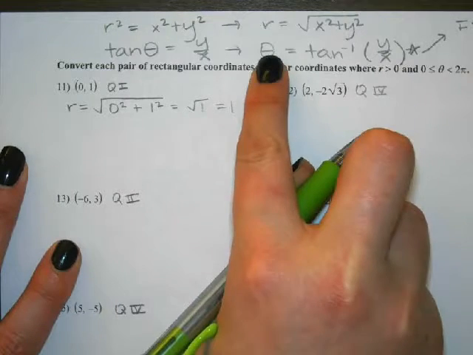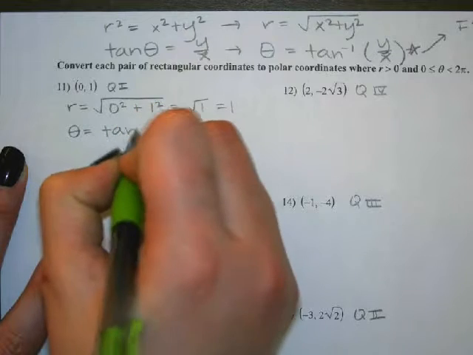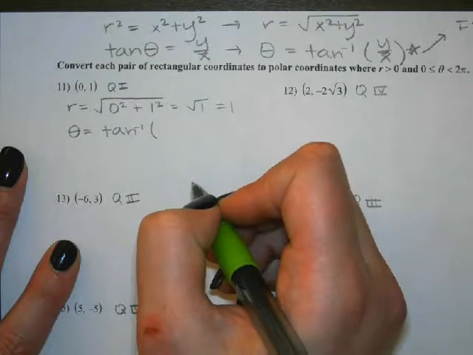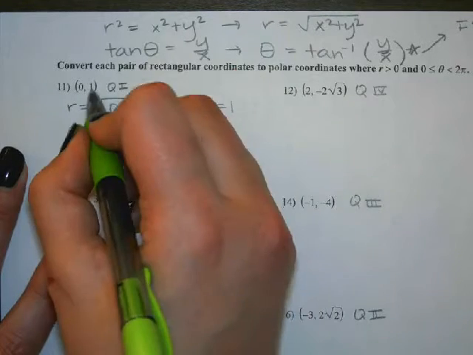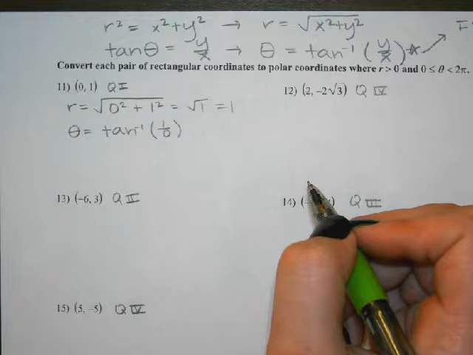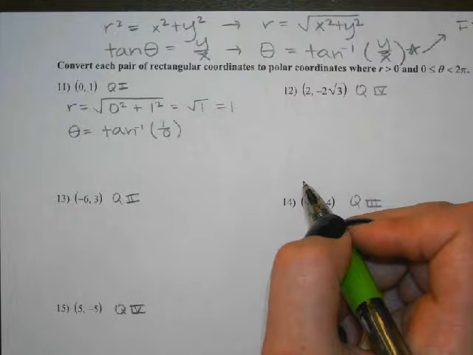Then to find theta, I'm going to say theta is tan inverse of the y-coordinate divided by the x-coordinate. So the y-coordinate divided by the x-coordinate. What is 1 divided by 0? Undefined. So we are thinking, where on the unit circle did we get undefined? Because it really did happen.